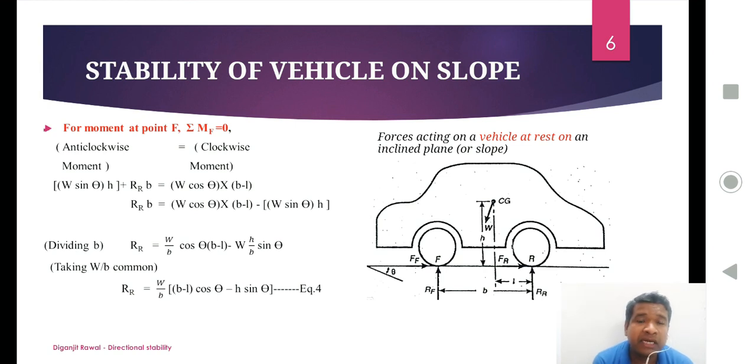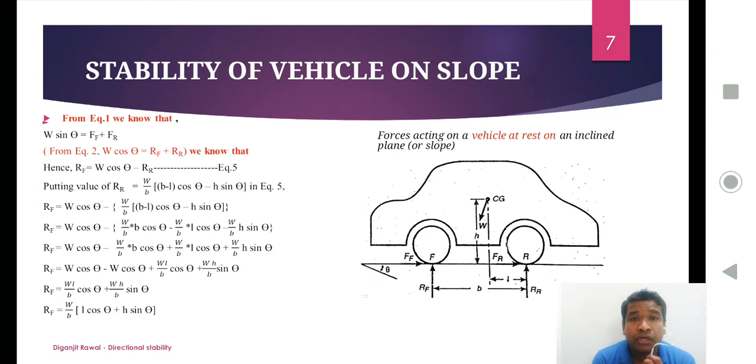So here we can see that on the right hand side W by b is common. So taking W by b common, the equation becomes RR is equal to W by b into a whole bracket b minus L cos theta minus h sin theta. So consider this as equation number 4. So up till now we have found the reaction at the rear wheel.